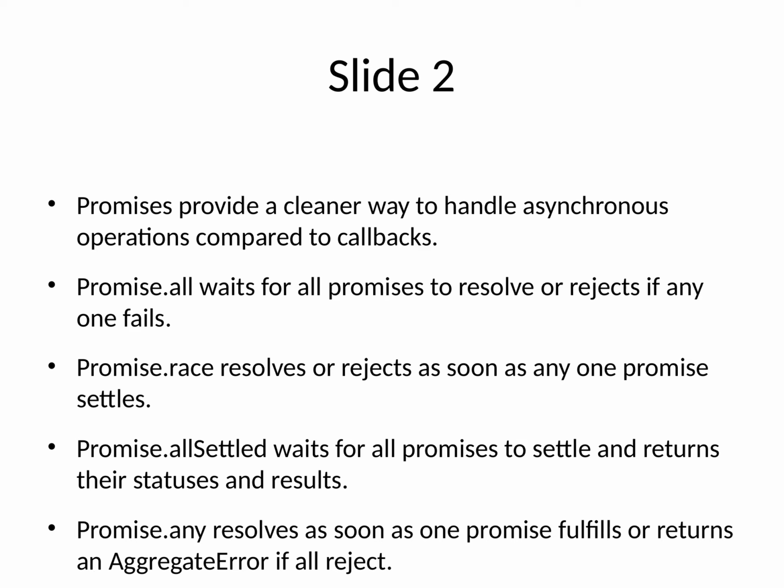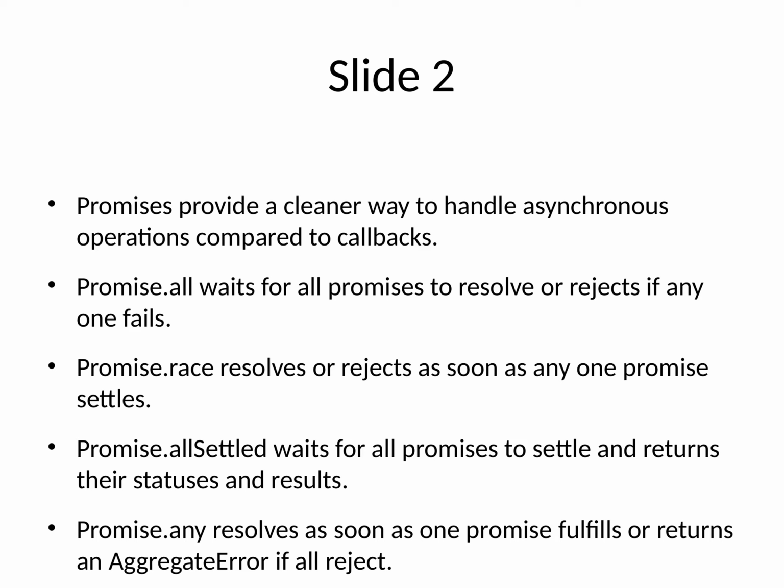Finally, Promise.all takes an array of promises and resolves when all of them succeed, or rejects if any one of them fails. These static methods are powerful tools for managing multiple asynchronous operations efficiently. By understanding and leveraging promises, developers can write cleaner, more maintainable asynchronous code in JavaScript.